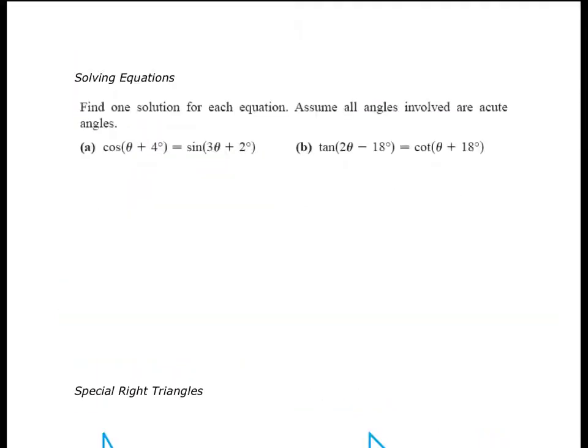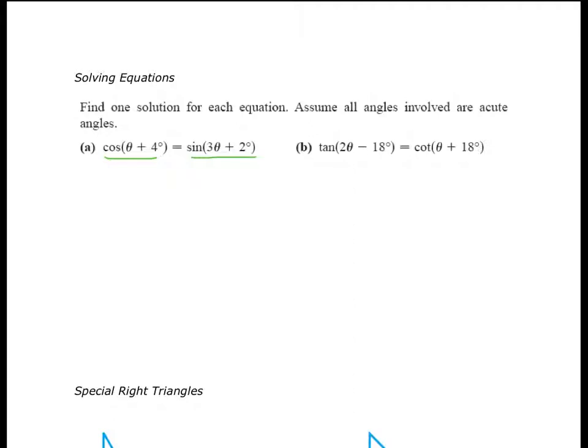Okay, this one is solving equations. It's the same trig functions on both sides. We just have to think about what we're looking for, okay? The same trig functions. So let's look at this one. We need to get them the same. So this says cosine, and this one says sine. It doesn't matter which one you would want to change. You just need to change them to look alike.